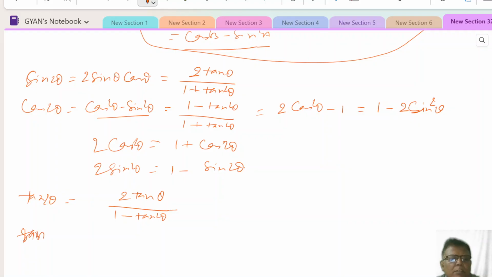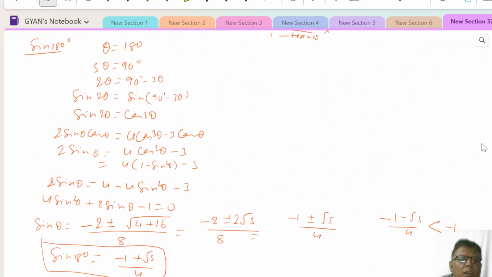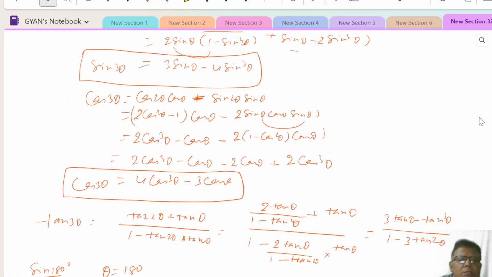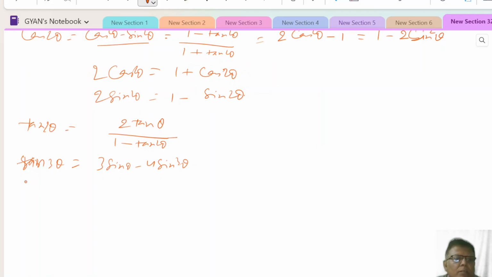Sin 3 theta is equal to 3 sin theta minus 4 sin cube theta. You just go up and see sin 3 theta: 3 sin theta minus 4 sin cube theta, and cos 3 theta is equal to 4 cos cube theta minus 3 cos theta.